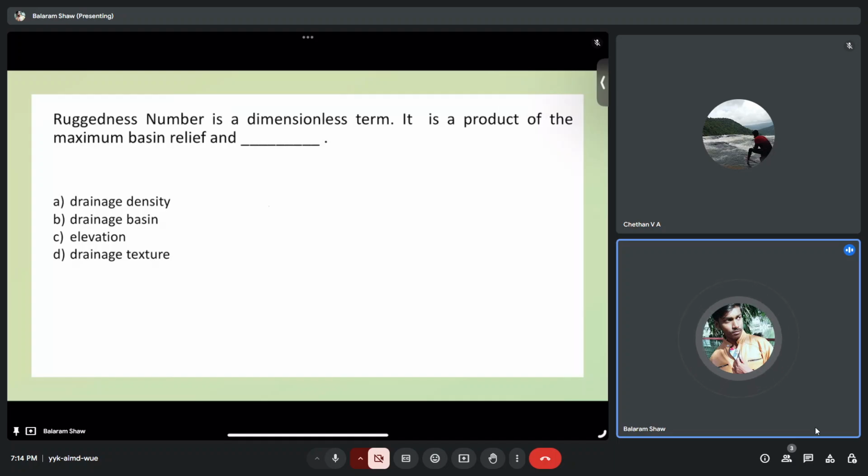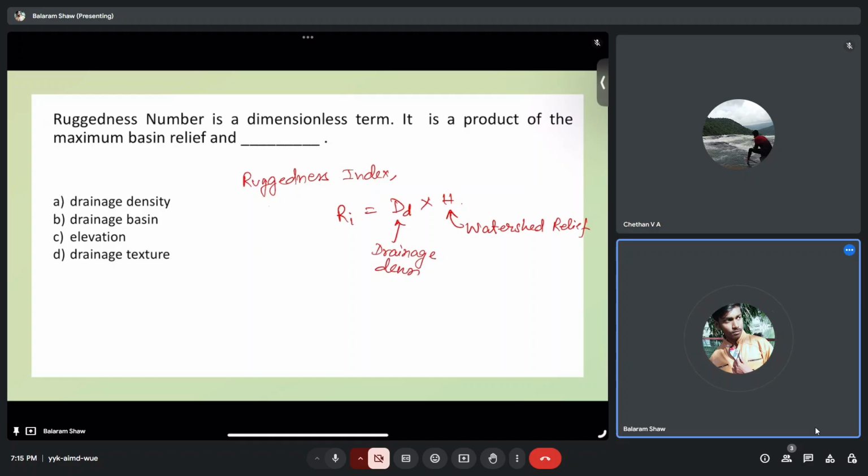Next is the ruggedness number is a dimensionless term. We know that, and it is a product of the maximum basin relief. So how do we write ruggedness index or ruggedness number? Ruggedness index RI equals the maximum drainage density into the maximum watershed relief, and this we have seen in the areal aspect, it is the drainage density.